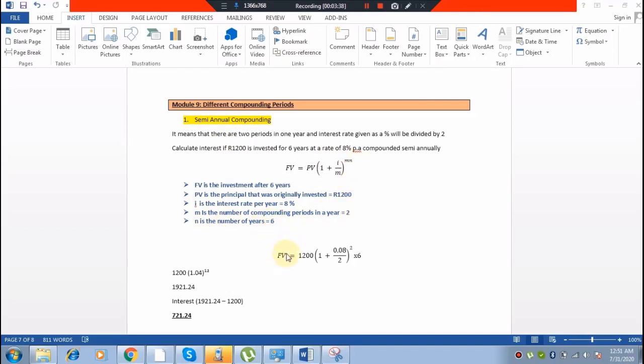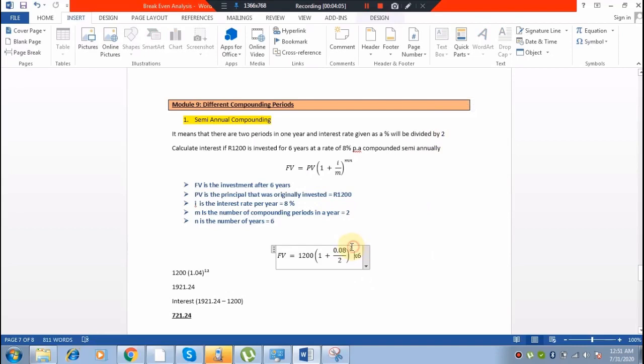So we need to calculate the interest. FV, the PV, we have substituted with 1,200, times 1 plus interest. Remember guys, when I say 8%, we change this to a decimal, so it becomes 0.08. Then divide that by 2. Where are we getting the 2? The number of periods, right?